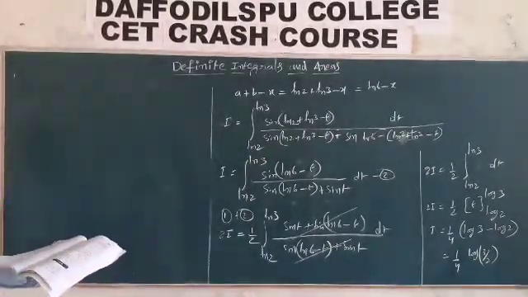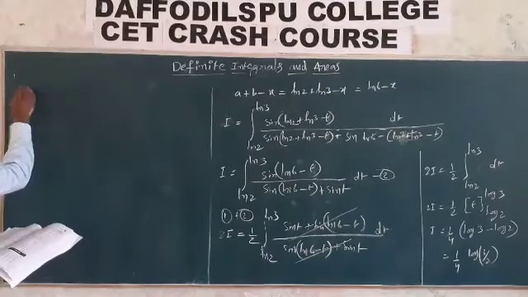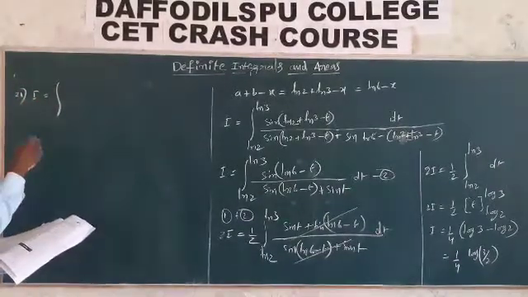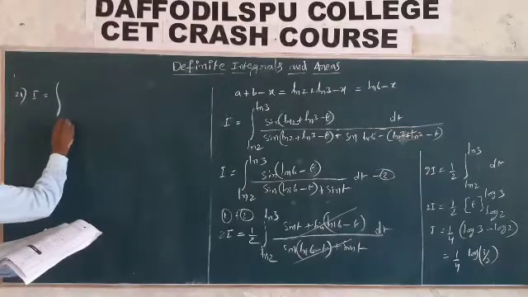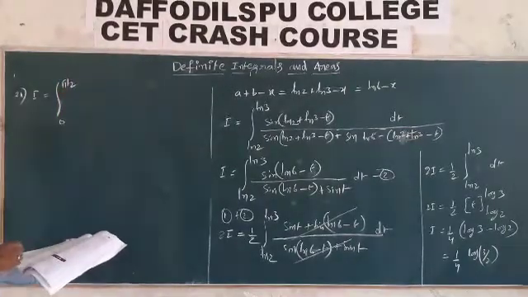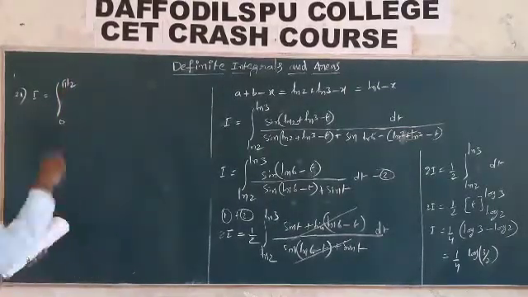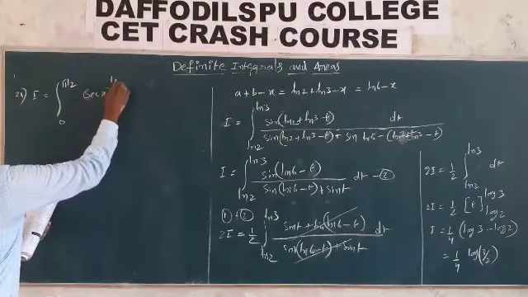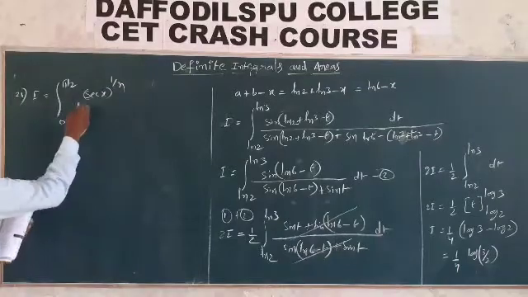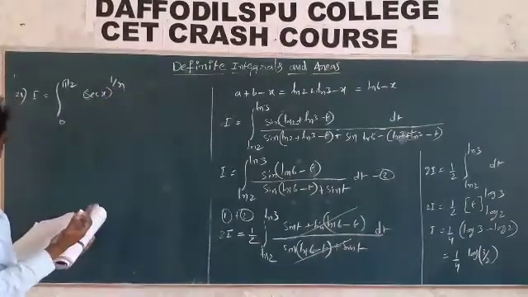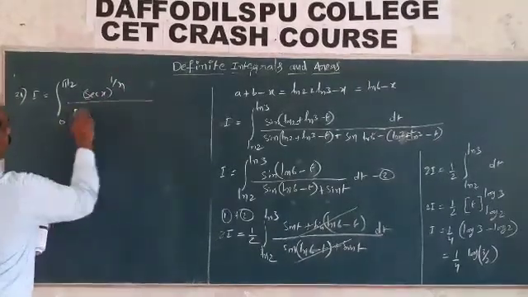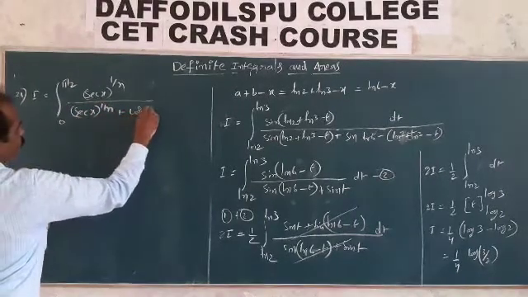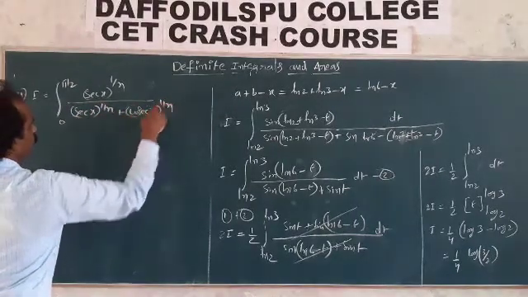Once you look at that one, 21: I is equal to the integral from 0 to pi by 2 of nth root secant x divided by nth root secant x plus nth root cosecant x, that is, secant x whole power 1 by n divided by secant x whole power 1 by n plus cosecant x whole power 1 by n.